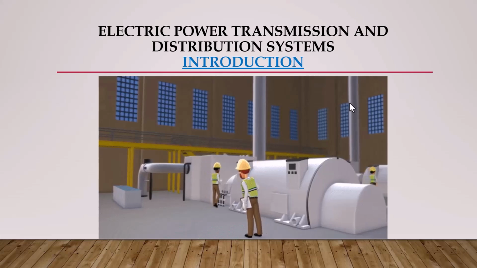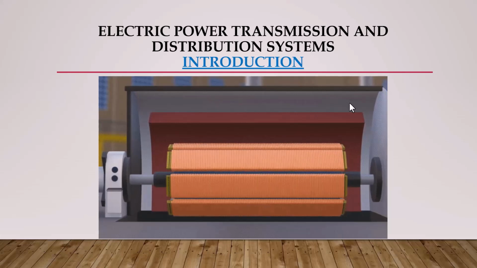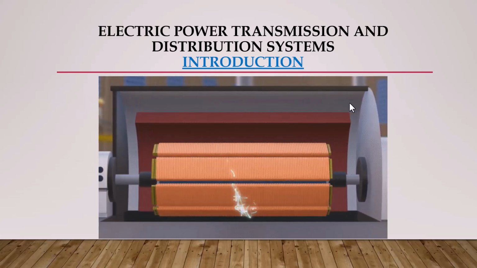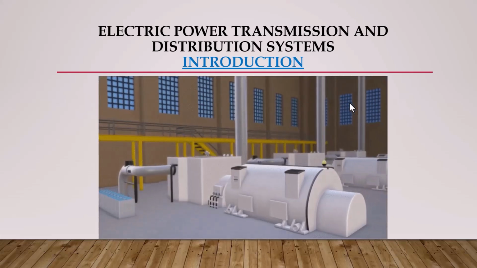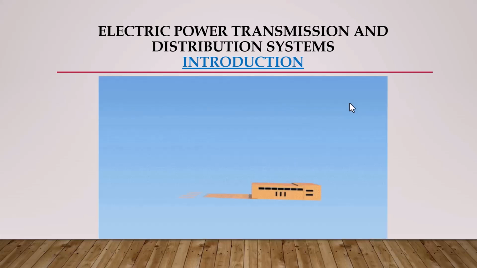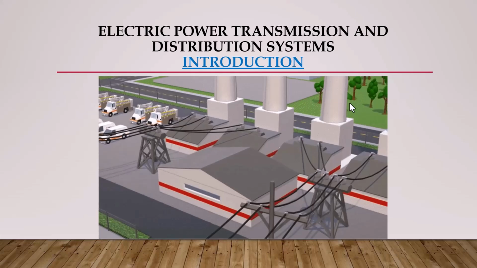One key idea here is that transmission and distribution are two separate stages in the journey of electricity. One focuses on moving bulk power efficiently across distance, while the other ensures that the power is delivered safely and reliably to end users.